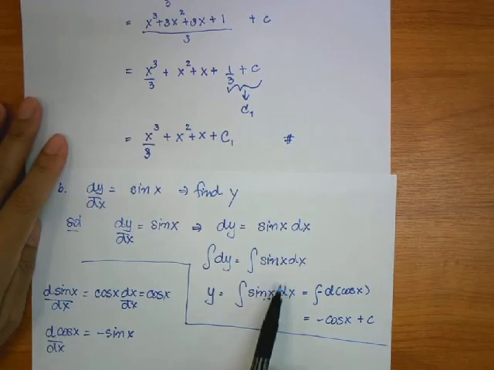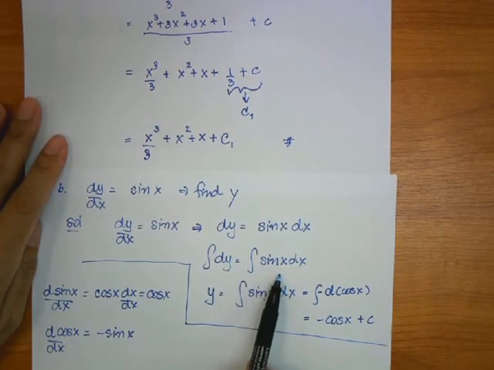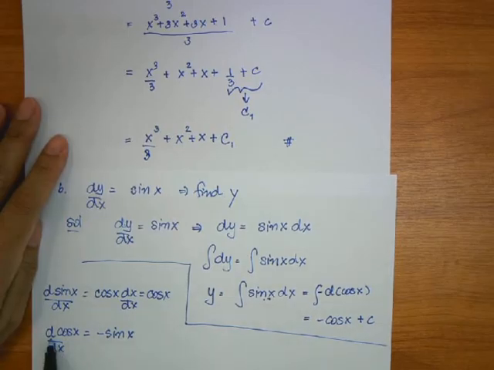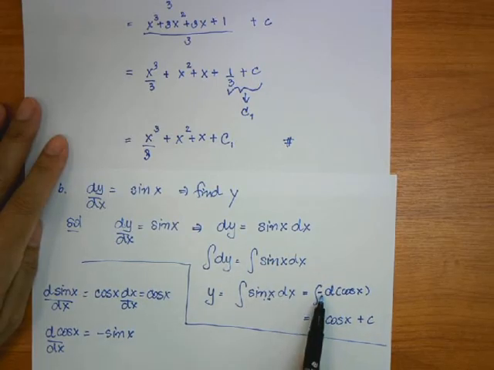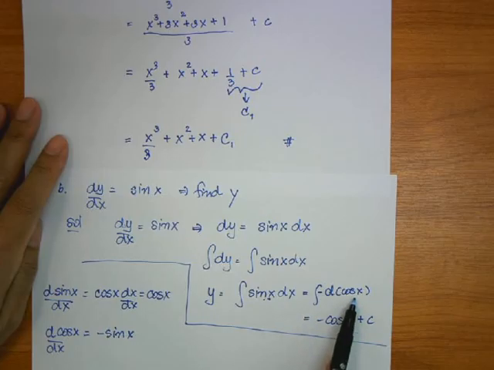The way that you do the integral of sine, you want to make dx to be d cos x. But we know that d cos x is equal to minus sine x. But this one you have plus sine x. So in order to get it, you would put it with the minus cos x, right?